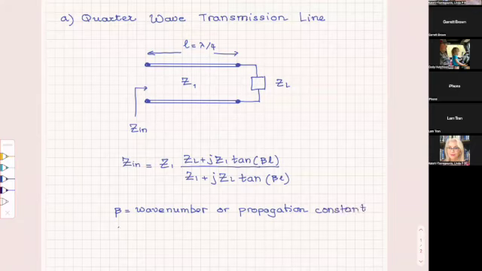And beta equals 2 pi over lambda, where lambda is the wavelength.